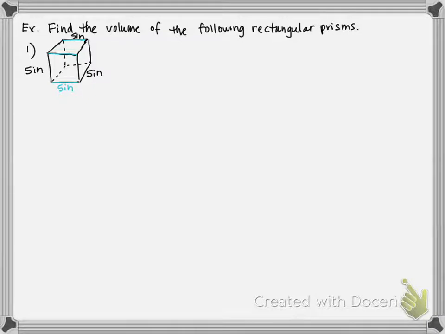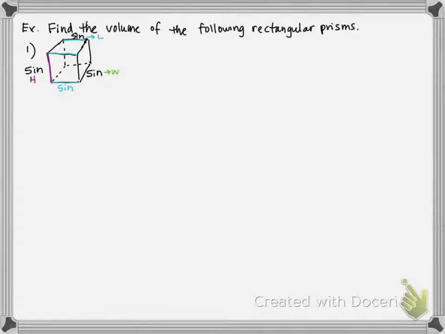So this would be considered the length of the rectangle. Now the width is pretty easy because he's just sitting right there. Now notice that my bases are my top and my bottom. So the line that separates the top from the bottom would be the height. Okay, so that's what I'm going to use for my formula.